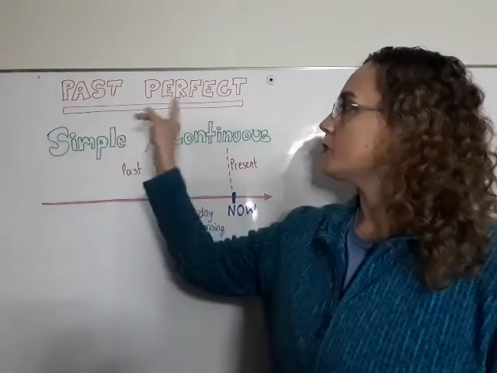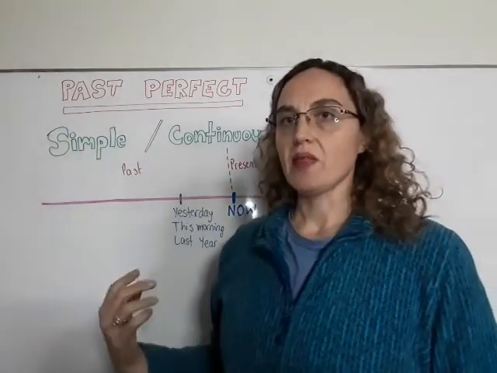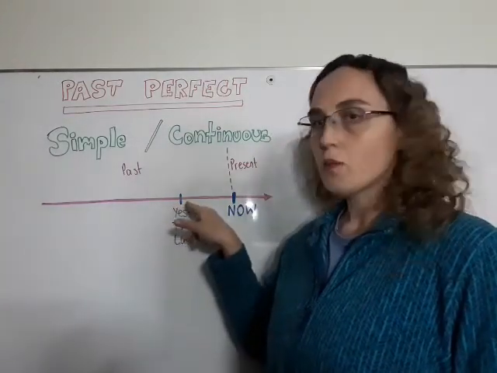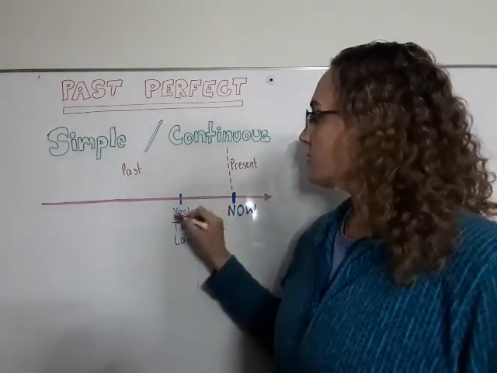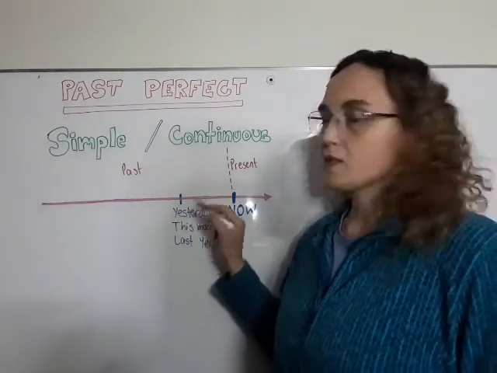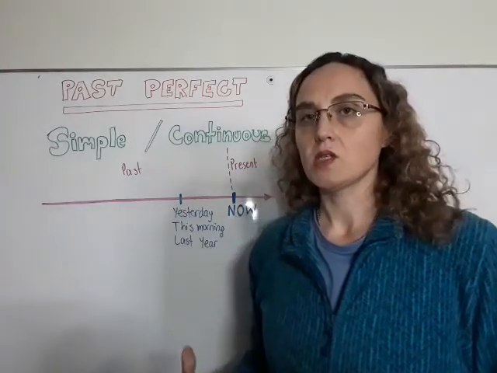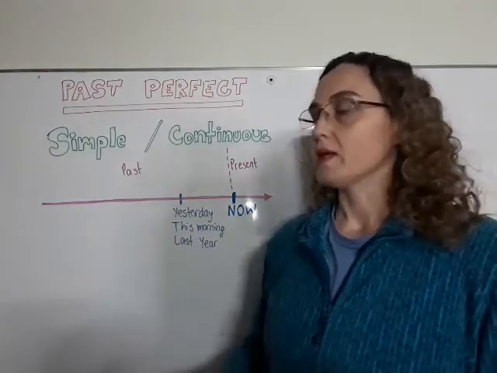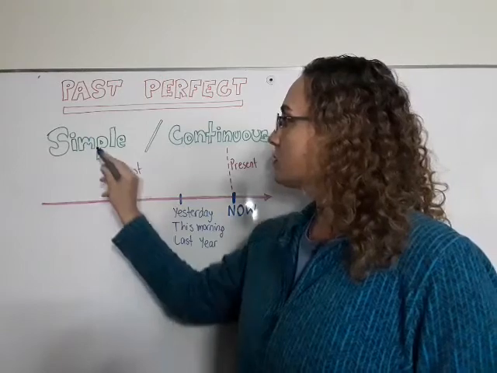And the past perfect, simple or continuous is everything that happened before a particular moment in the past, okay? So if this is my specific moment in the past, for example, yesterday, and I want to speak about an action that we have done before yesterday, before a particular moment in the past, I use the past perfect.